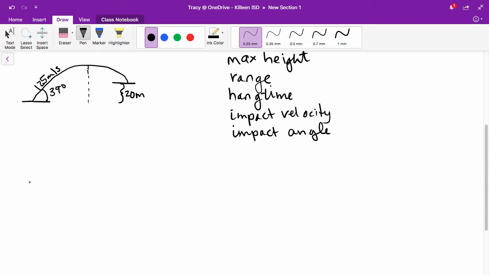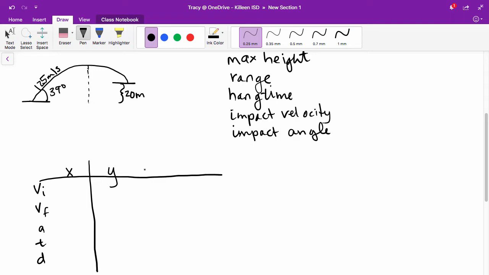So the chart I'm going to make looks like this. We have VI, VF, A, T, and displacement. We're going to find that for the X and the Y, just like before. But the difference is that we're going to have a second section to this chart.